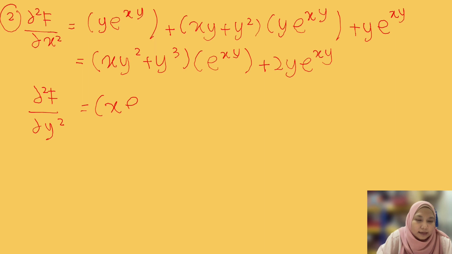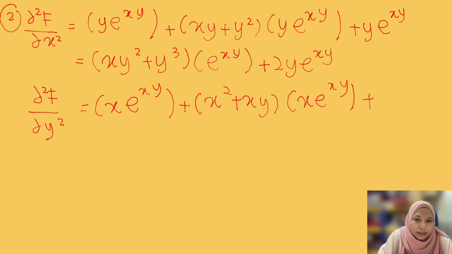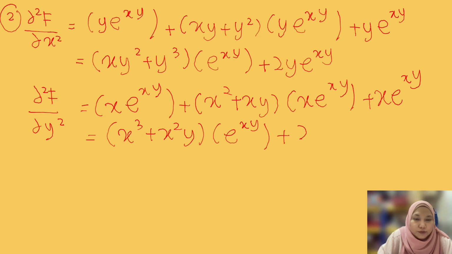So we get x exponent xy plus x squared plus xy, x exponent xy plus x exponent xy. Simplify, you get x cubed plus x squared y exponent xy plus 2x exponent xy.